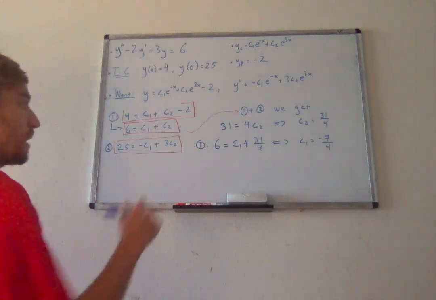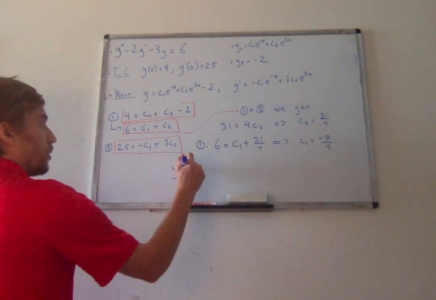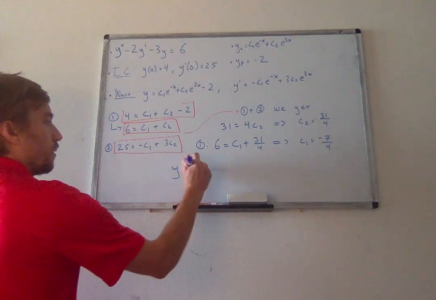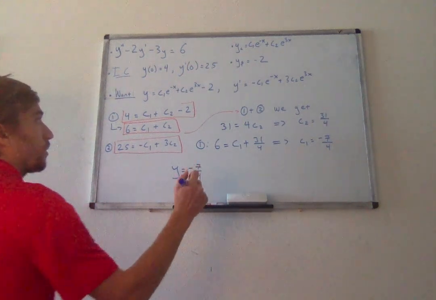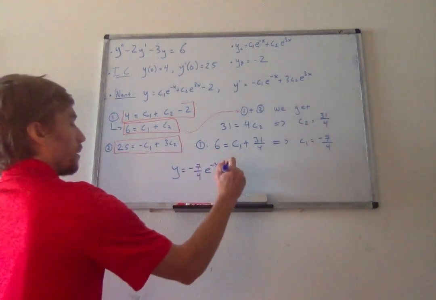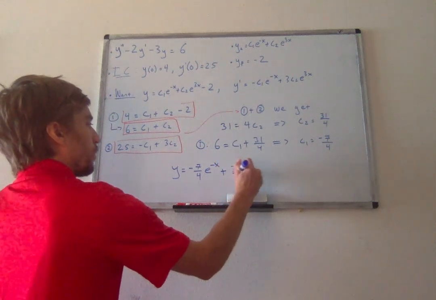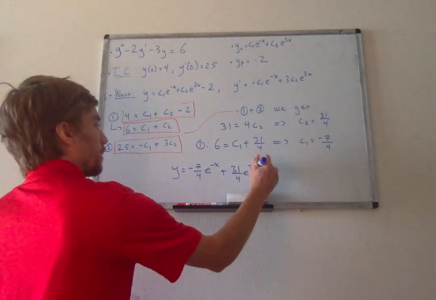And so a solution satisfying the initial conditions would be y is equal to negative 7/4 e to the negative x plus 31/4 e to the 3x minus 2.